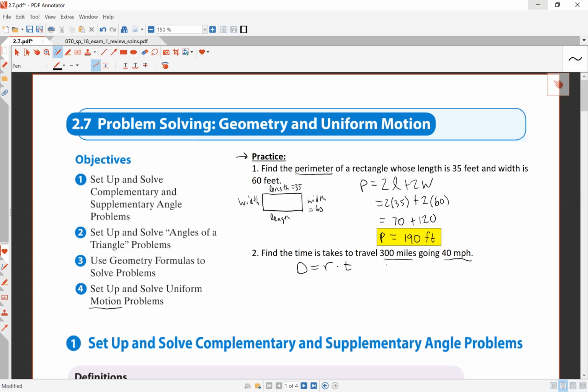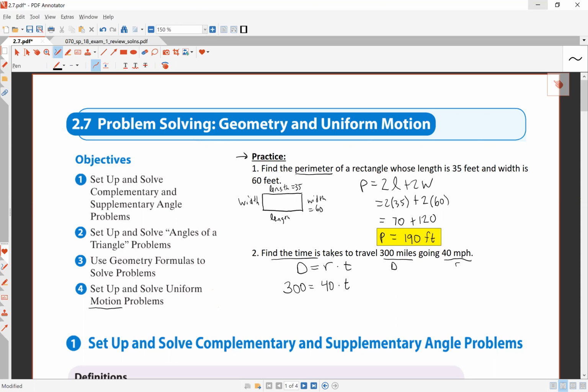The time it takes to travel 300 miles, that is a distance, 300 miles, going 40 miles per hour, that is a rate. The miles per hour is what leads us to know that that is a rate. So we plug those into the formula: distance equals rate times time. Distance equals 300. Rate is equal to 40, and that leaves the time unknown.